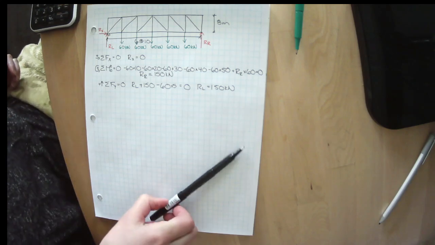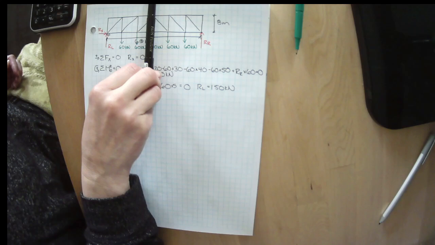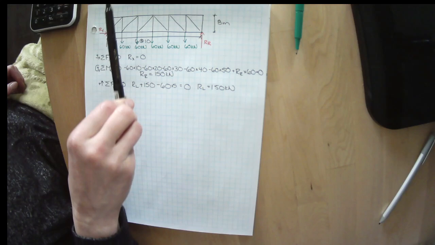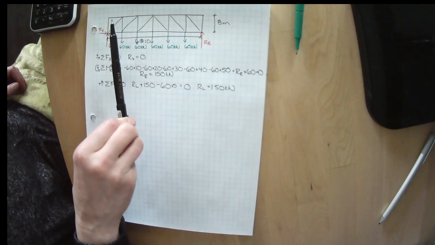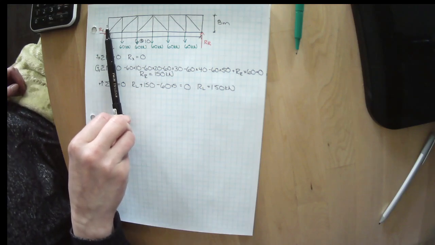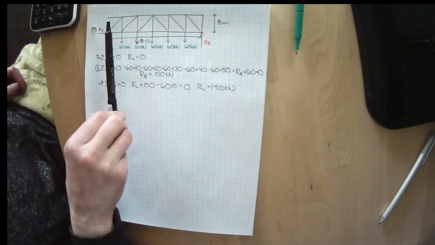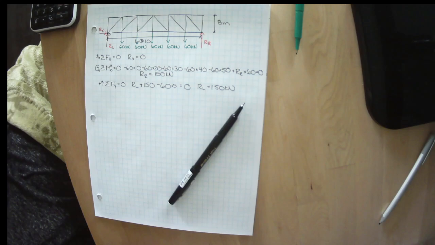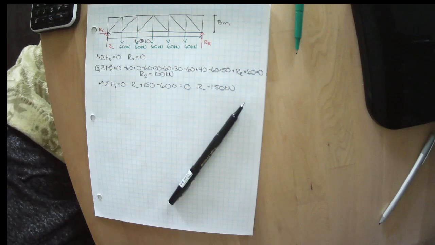Well, to me, it looks the exact same about this point right here. It looks like a mirror image of itself. If I found what this force was, it would be the same as that force. Whatever the force in this one is, it would be the same in that. So maybe I only have to solve for half of the members, knowing it's a mirror image of itself.